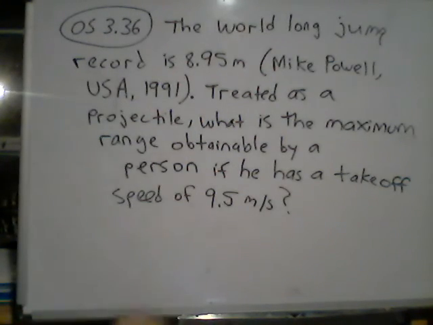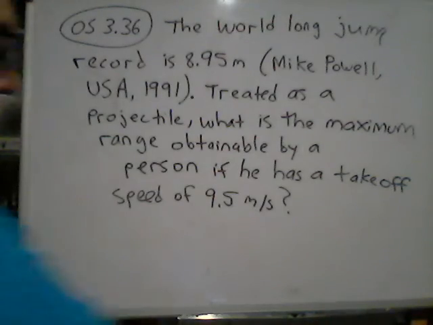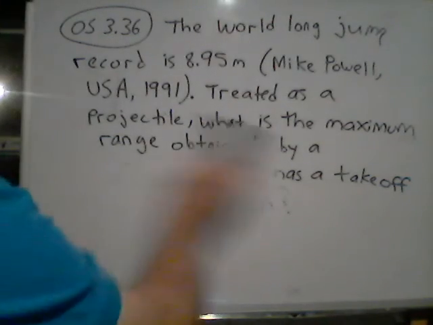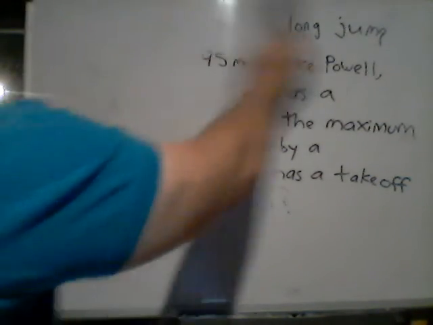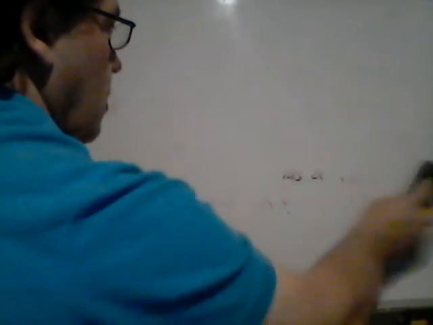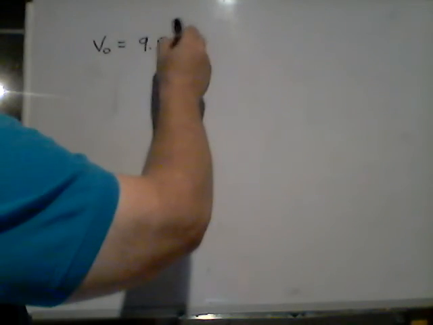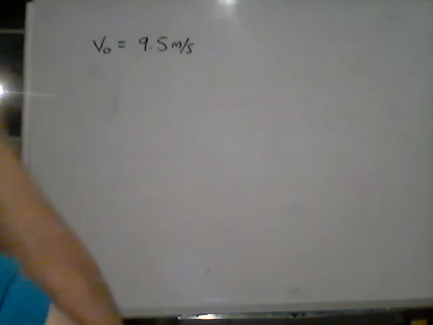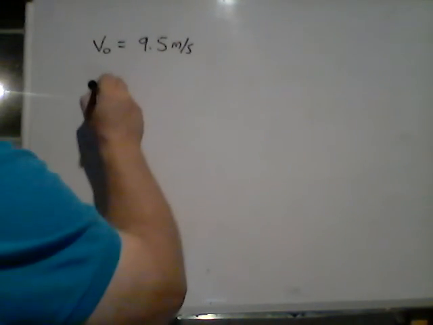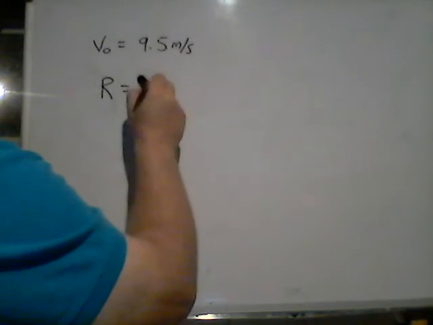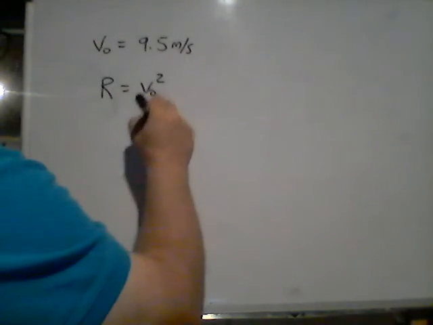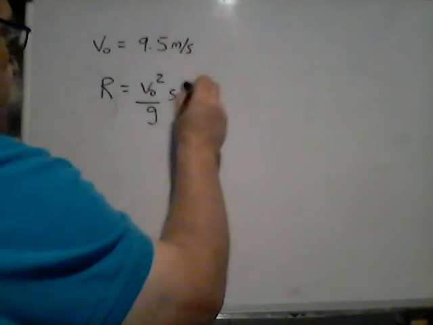All right, so I'm going to erase the problem here. It's a fairly small problem, and so we go back to the range equation. We're told that V naught for such a person is 9.5 meters per second. Okay, the range equation is V naught squared over G times the sine of 2 theta naught.